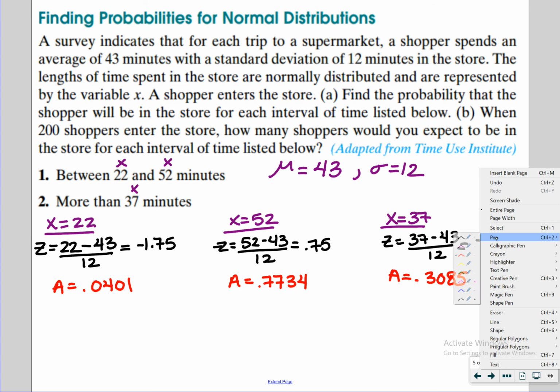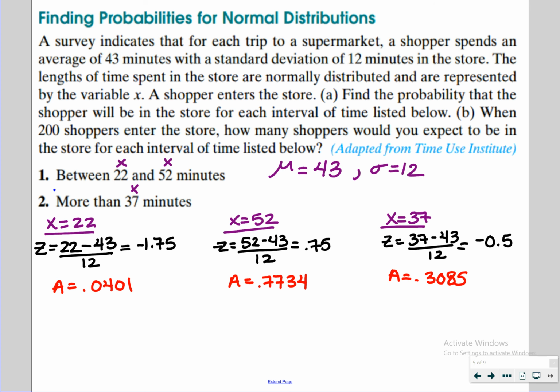All right, so for number 1, we want between 22 and 52, which ends up being between these 2 Z-scores, which means being the difference between these 2 areas. And remember, it's always just biggest minus smaller.